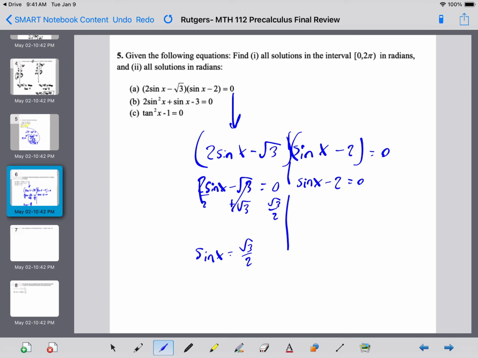So on the unit circle, when does sine of x equal radical 3 over 2? So if we remember our unit circle, right, we have pi over 6, pi over 4, pi over 3.